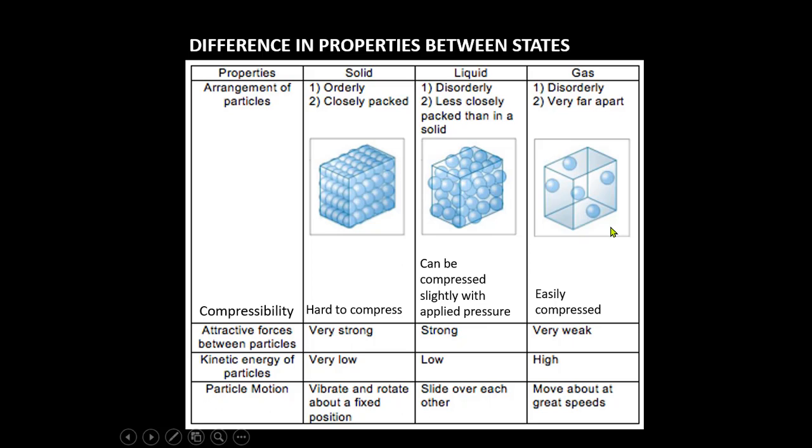In gases, particles are very far apart and are haphazardly arranged. The forces of attraction between particles are so small that the particles are able to move freely in all directions at high speeds. Now, gases are easily compressed.